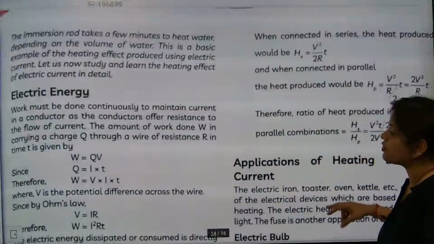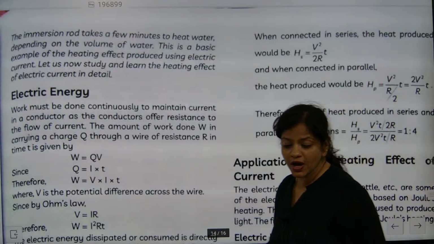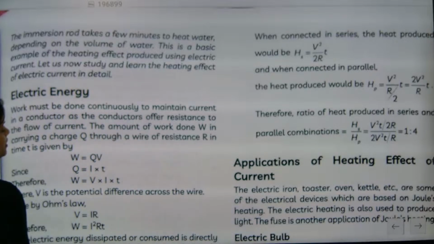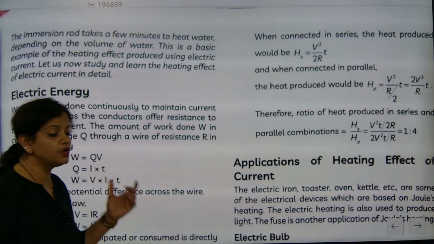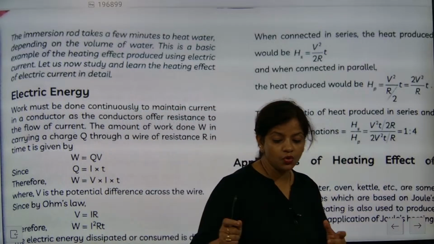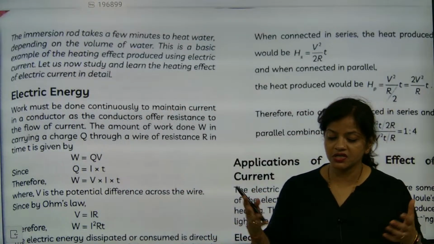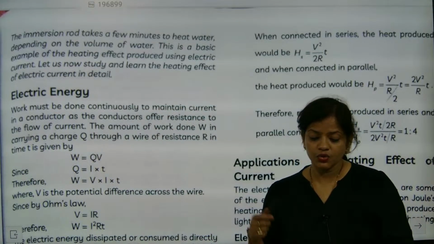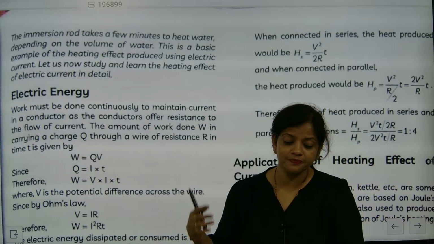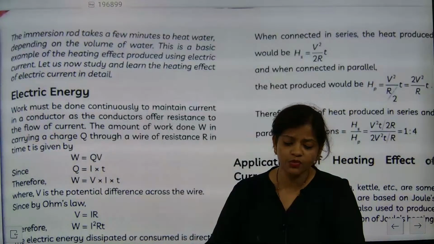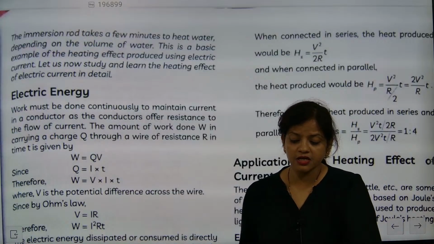Now heating effect of current also, since Maha you had a problem in heating effect of current, this derivation part we have done, and we learned that the work done and energy consumed are related to each other. So heat generated is equal to the amount of work done in letting the current move from one point to another point.